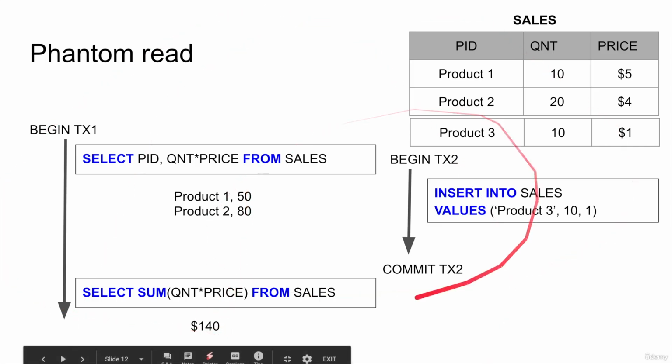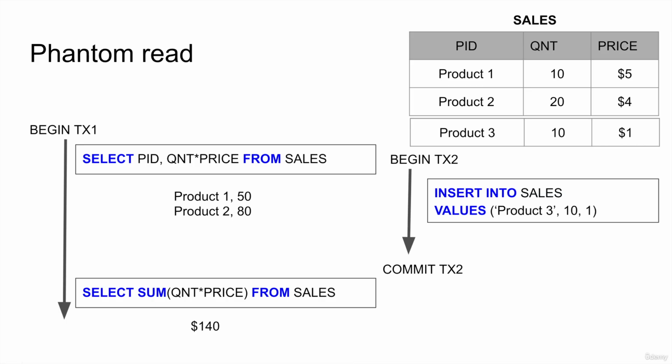Okay, that's a phantom read, and the reason it's a phantom read is that this is one of those range queries, where you're selecting, but you're getting extra rows. So if we're going to talk about ways to fix that, this is a little bit harder to fix and to avoid.